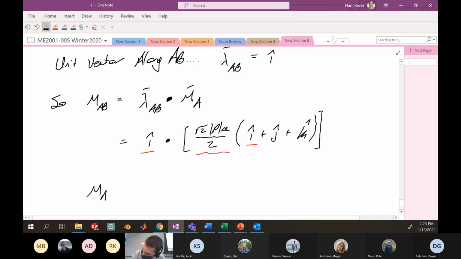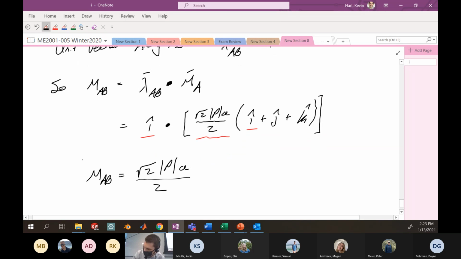So the contribution of the moment along AB, which here is I dotted with something in the I direction from the moment, along this particular axis is root 2 PA on 2.